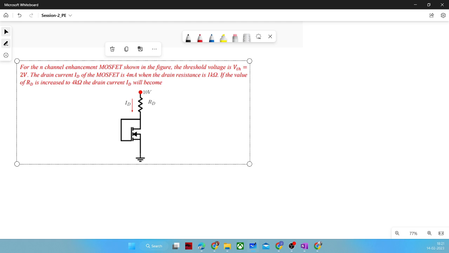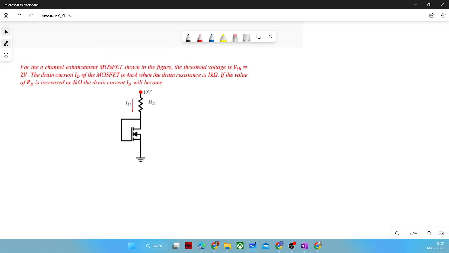So this is the problem here. An N-channel MOSFET is given in this figure. Threshold voltage is given as 2 volt. ID current is also given as 4 milliampere when the drain resistance RD is 1 kilo ohm.